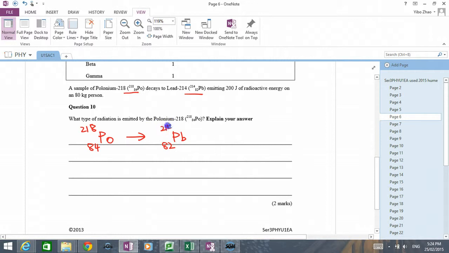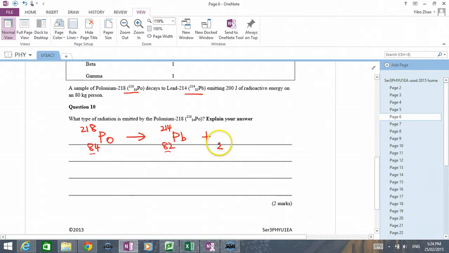Polonium is becoming lead, and the numbers in the equation don't add up, so there must be another particle. 82 plus a number gives me 84, so that number must be 2.